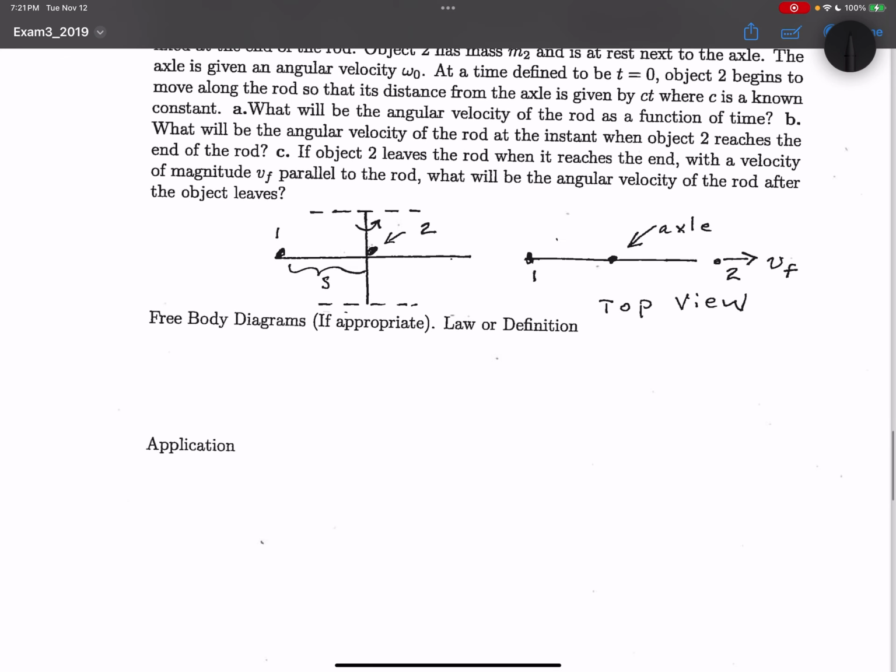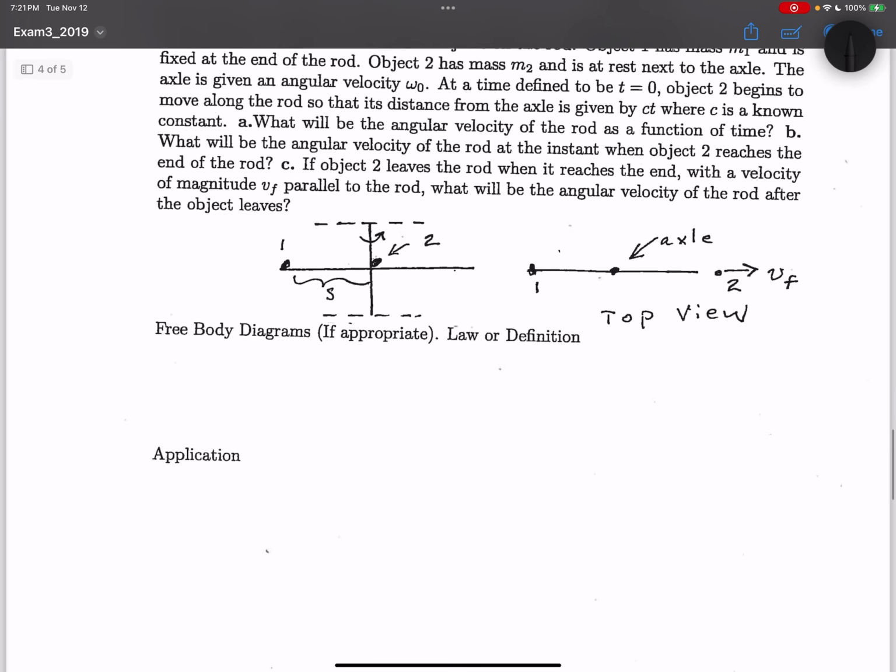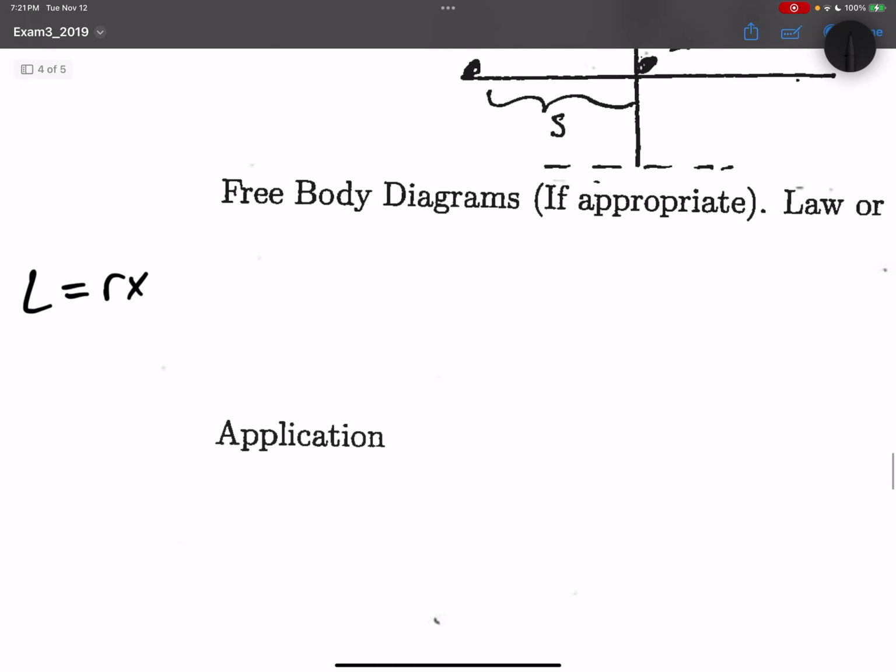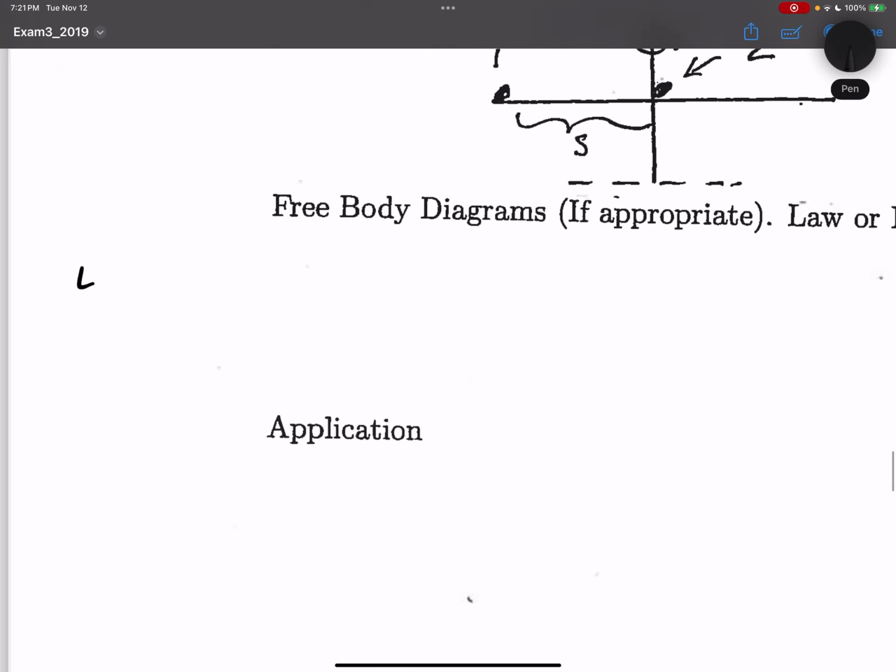We know that angular momentum equals r cross p, which also equals r m v theta in the k direction, or also equals r squared m omega.